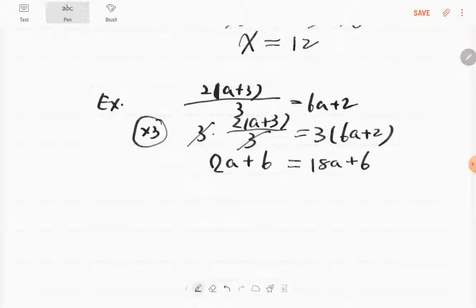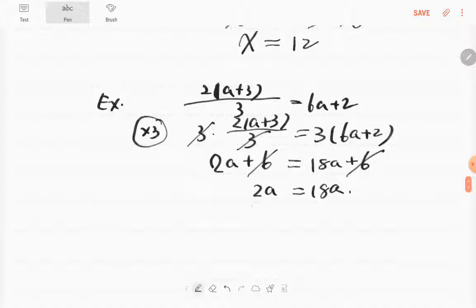The remaining part, we only need to keep the variables on one side. So you can see both sides we have plus 6. So you can minus 6 for both sides. Then we have 2a equals 18a.